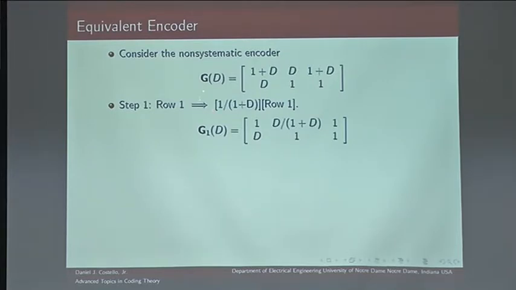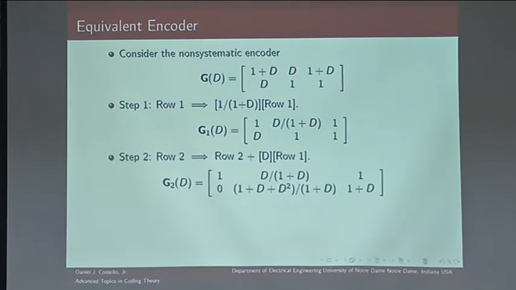It's the same as with block codes, again; with convolutional codes, we have generator matrices here which are made up of polynomials or rational functions. With block codes, they're just binary generator matrices, but the idea is the same. So if we multiply this first row by 1 over 1 plus D, we get this.